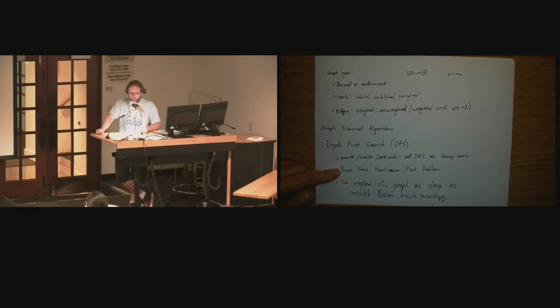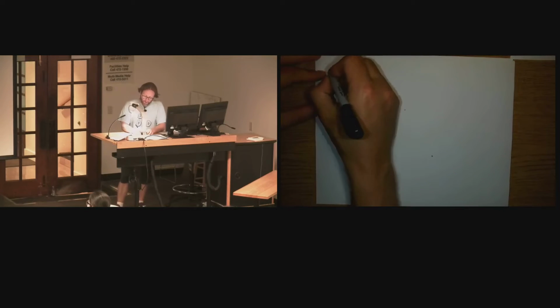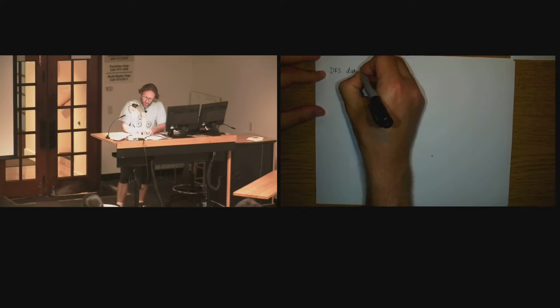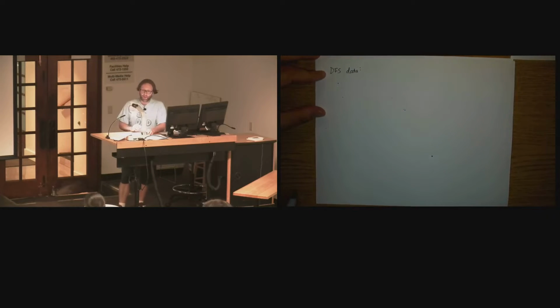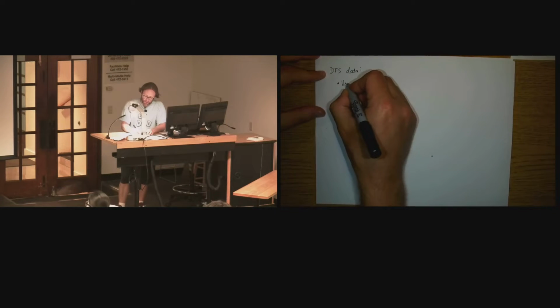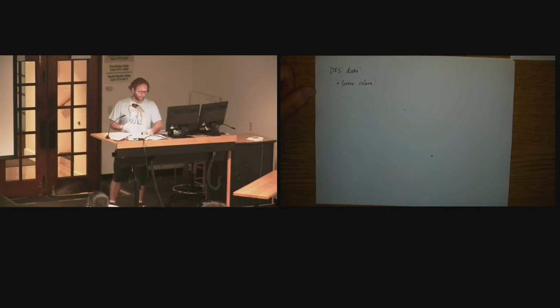And we're going to keep track of several artifacts, in fact. Okay? So the artifact, DFS data. We're going to keep track of several pieces of data here. First of all, we're going to keep track of vertex colors. I don't have a wide selection of colors over here, so I'm just going to keep track of it using a pencil.